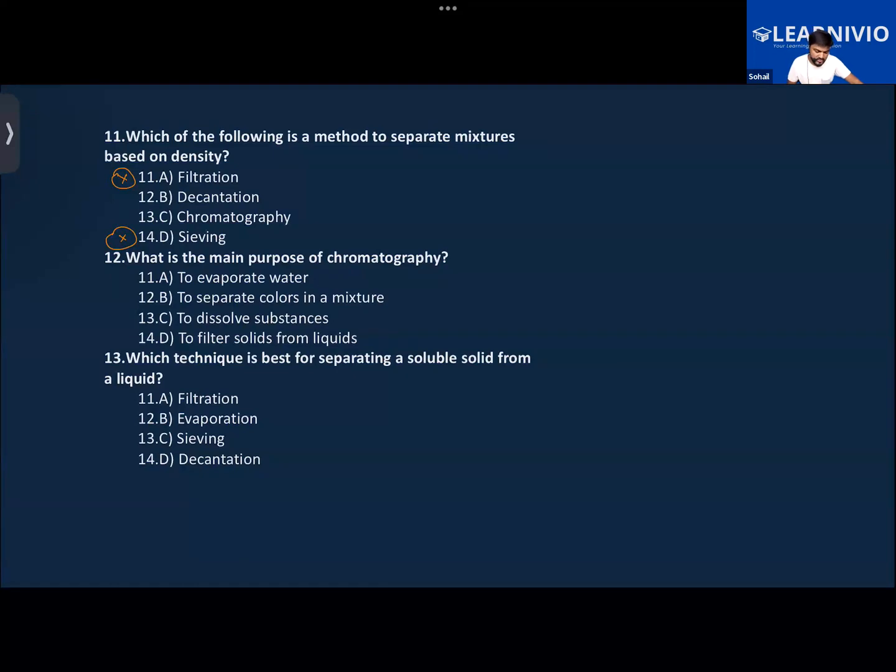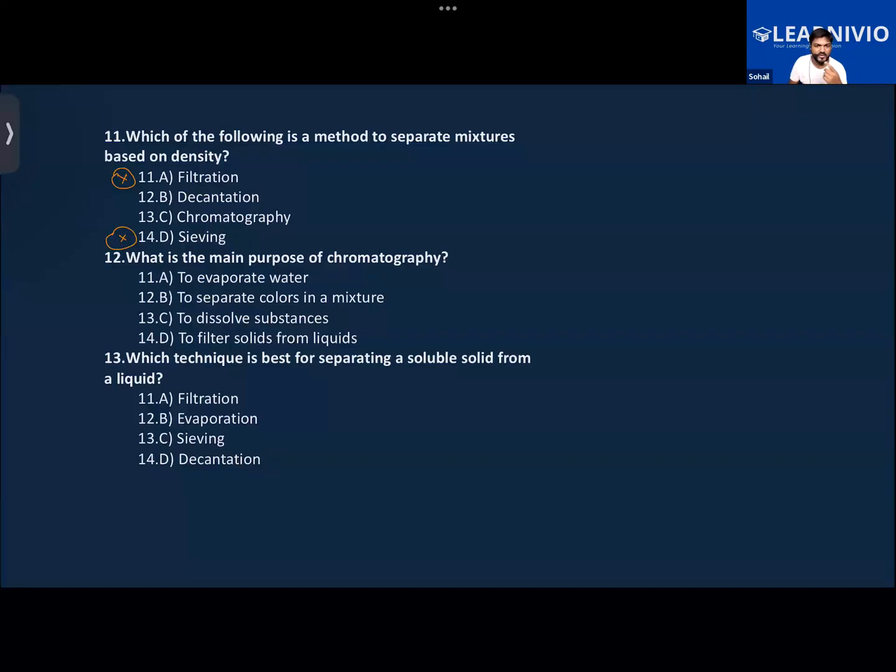The question is which of the following is a method to separate mixtures based on density. We have different methods which are based upon the density of two materials.